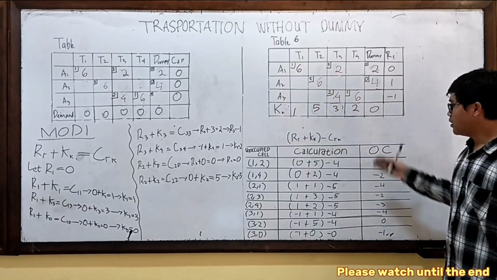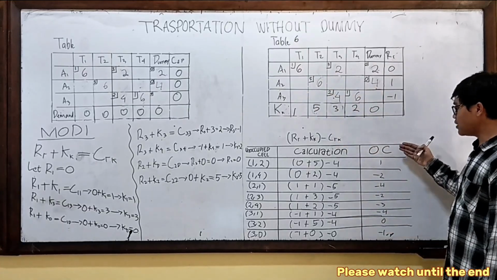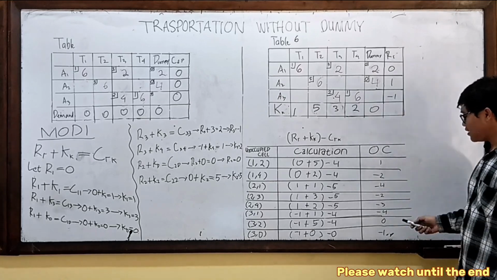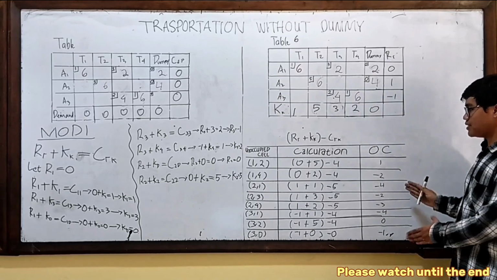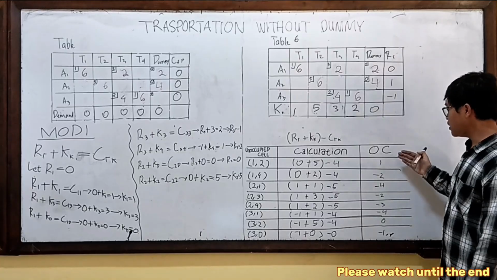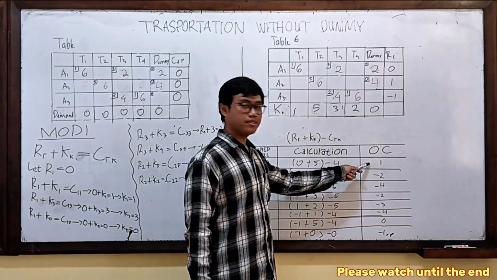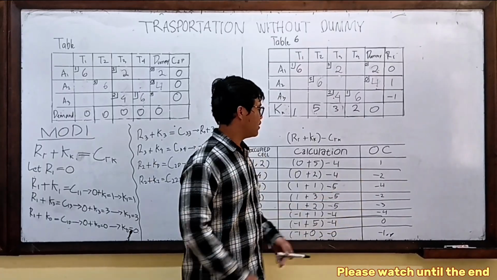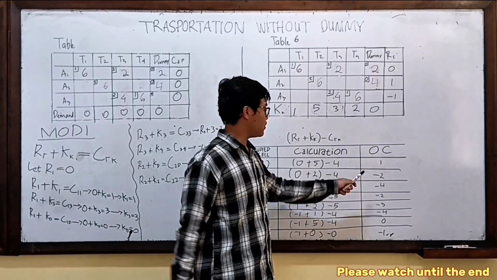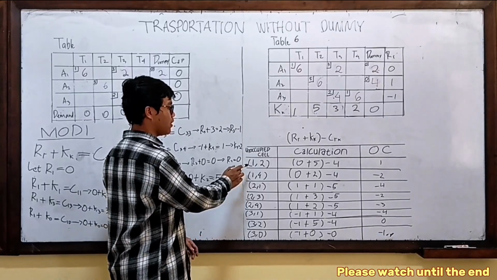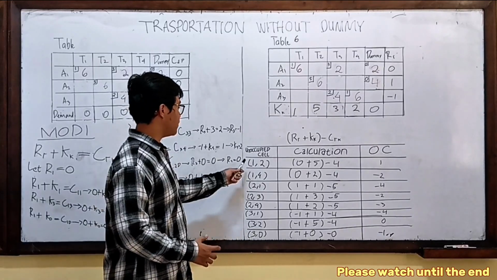Then we calculate and define the OC, or opportunity cost, like this, and the program is still not optimal because the OC has a positive value of 1. So this cell must become an occupied cell instead of an unoccupied cell.